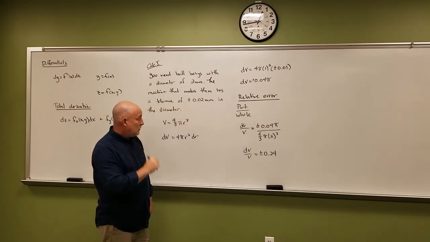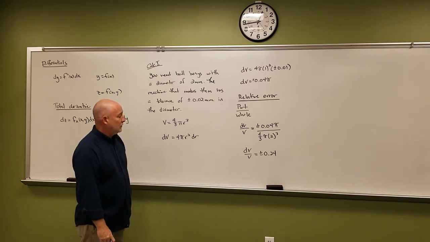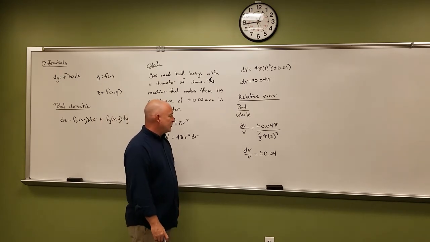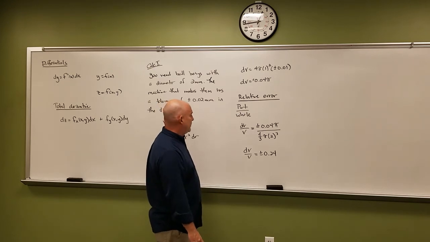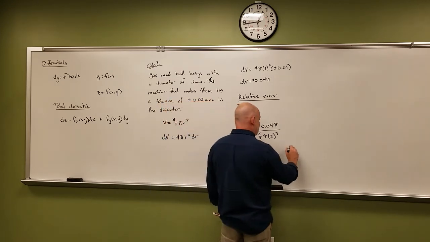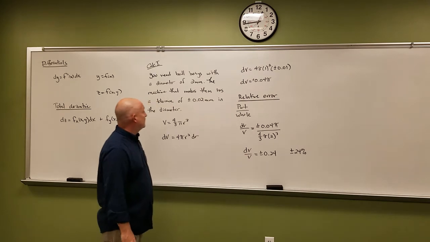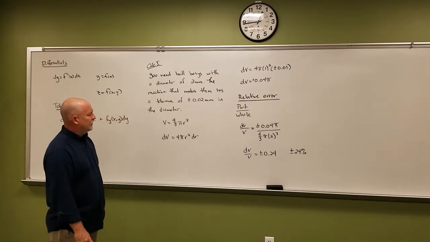All right, so is that a lot? Well, think about this in terms of percentages. Got my decimal in the right place? Yeah. That means this could be off by as much as plus or minus 24% of the whole. Seems awful big. I feel like I made an arithmetic mistake.